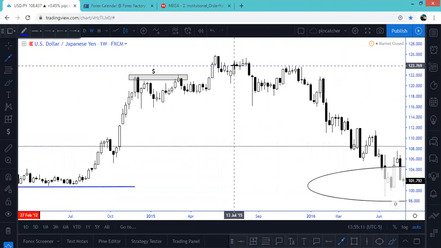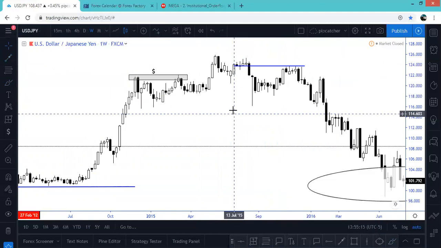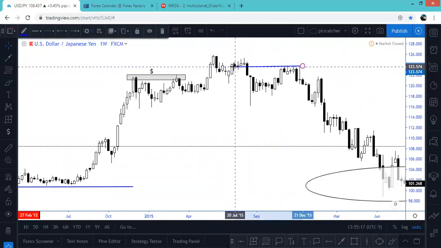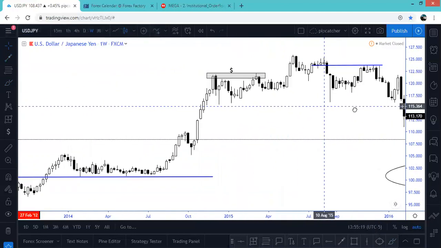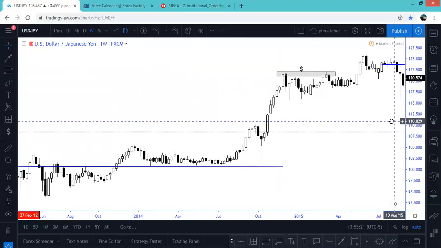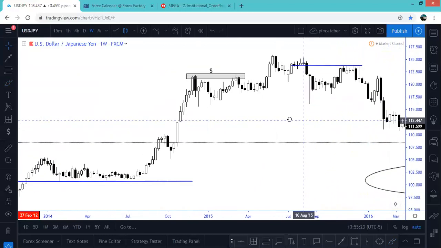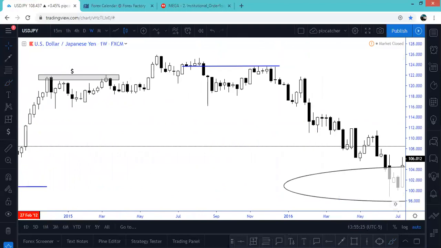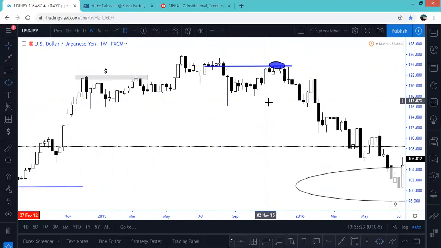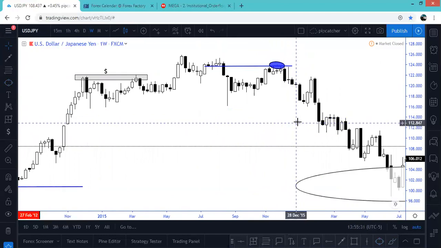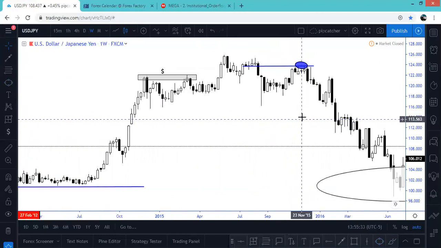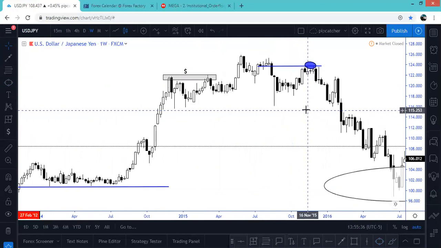So if we place a line right here, you'll see that when the market came back up like this, we had that pinpoint accuracy, that precision entry right here, okay? That precision entry right here.